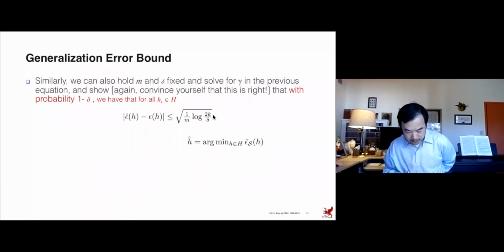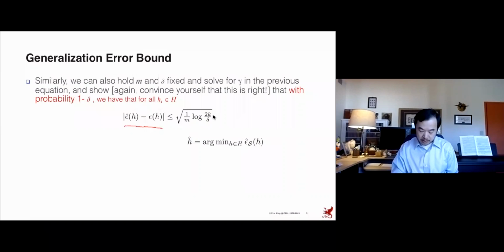Okay, so the other thing that we can look into is the magnitude of the generalization error in addition to the sample complexity. So you can plug in the delta back to the bounds I just had and replace the gamma with this part.